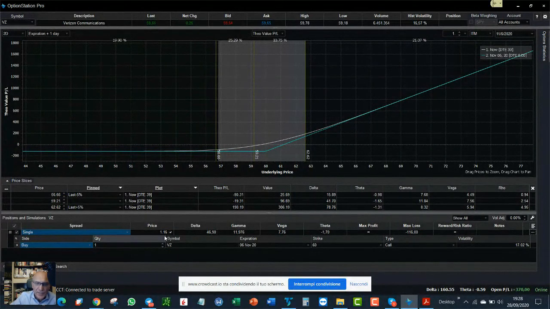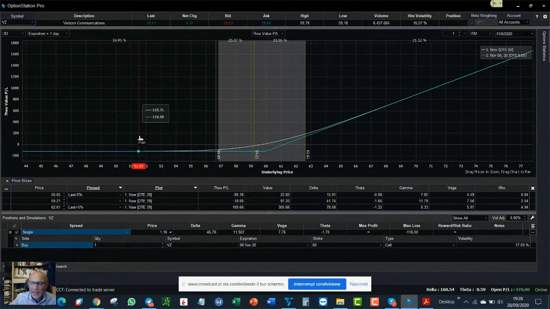So in this case, this position is going to cost me 1.16 multiplied by 100, so it's going to be exactly 116. As you can see here, when I point the pointer on the graph, you can see that the blue line expresses the loss that I have, which is 116. 116 is the maximum loss that I can have doing this particular trade.